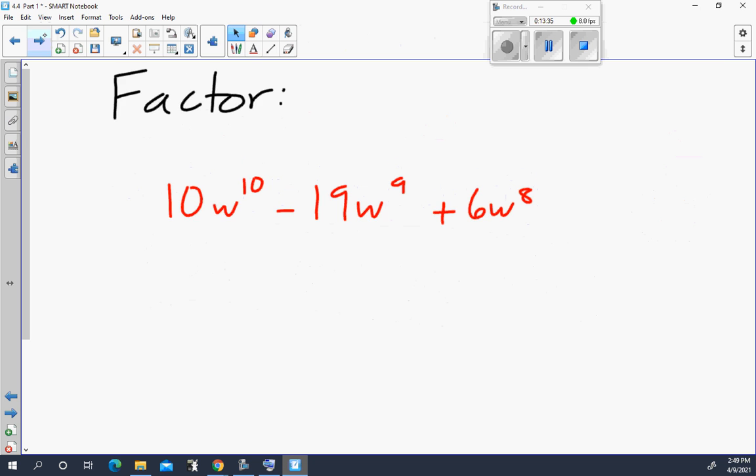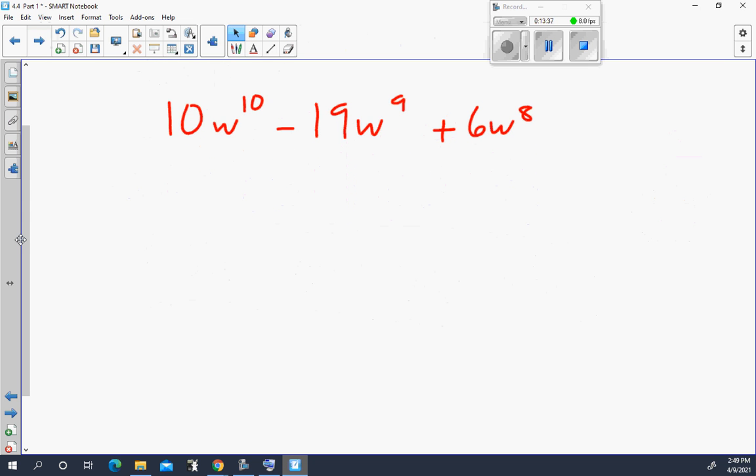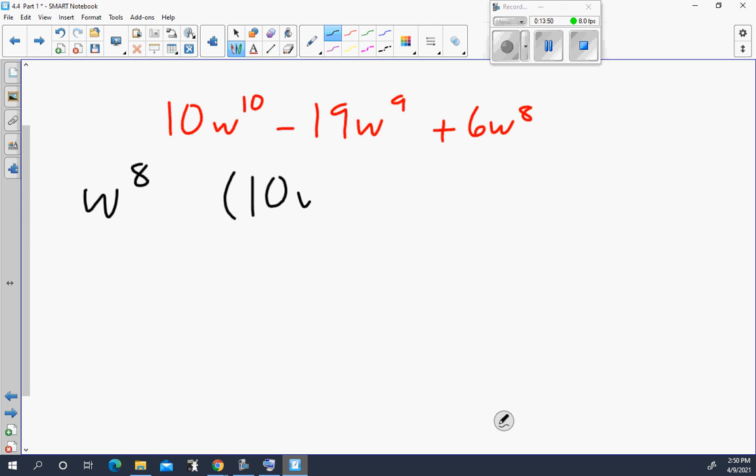Next one. What do these all have in common? All they have is a w to the 8th power. And what's left in that first term? 10w squared minus 19w plus 6.